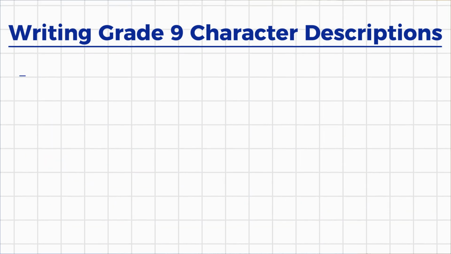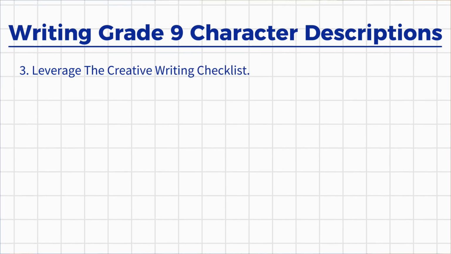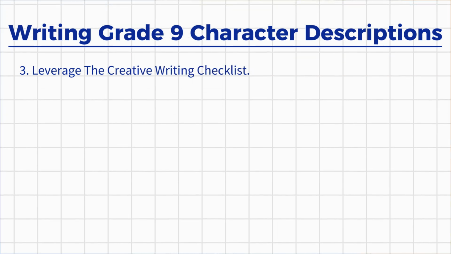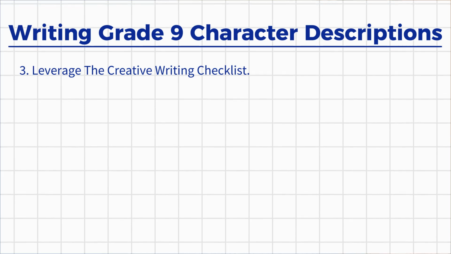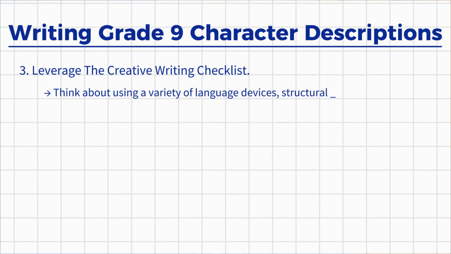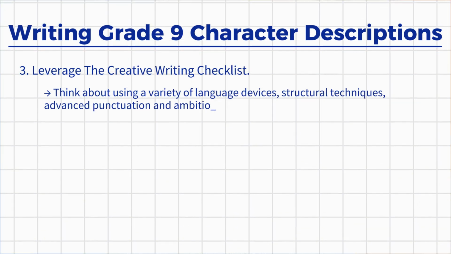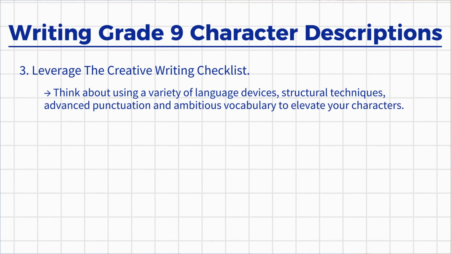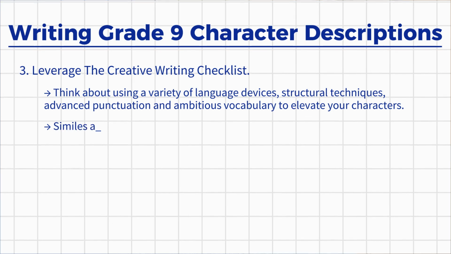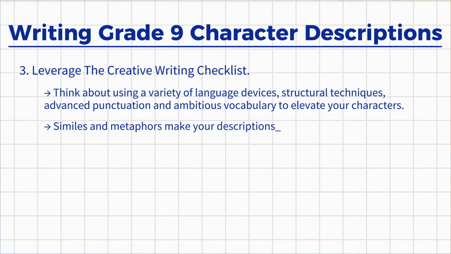And third, use your creative writing checklist. So if you don't know what I mean by that, then make sure to watch the previous video after this one. However, to keep things simple, think about using a variety of language, structure, advanced punctuation, and ambitious vocabulary to elevate your characters. So personally, I'm a huge fan of figurative language like similes and metaphors, as they make your descriptions more precise.